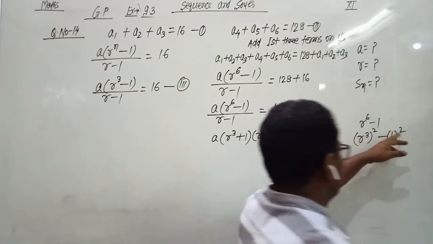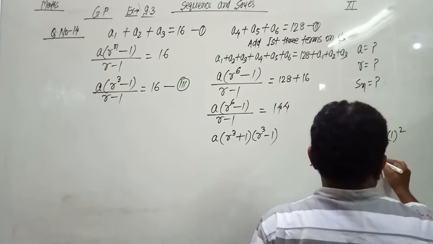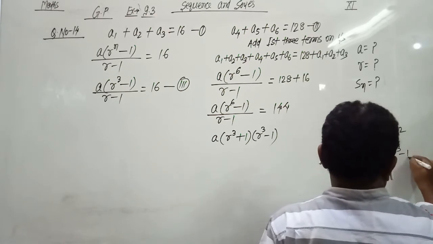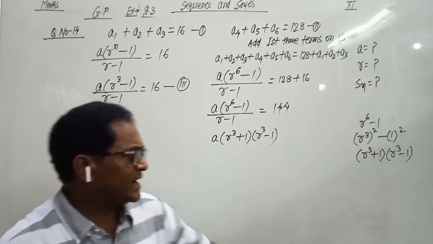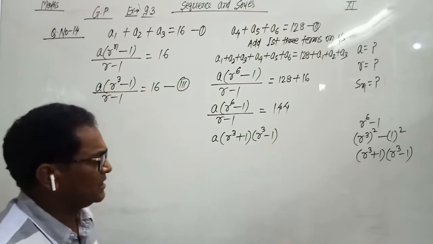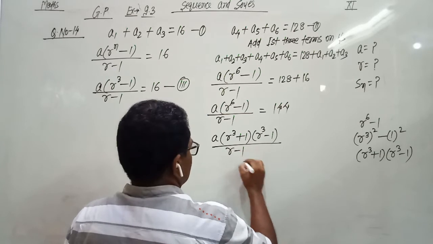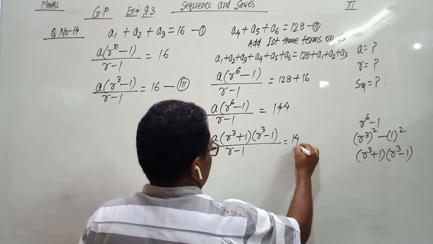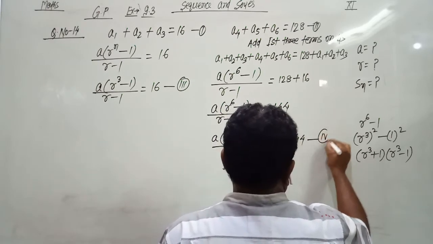Then use the formula A square minus B square, so A plus B and A minus B. So instead of R raised to the power 6 minus 1, we can write R cube plus 1 into R cube minus 1 upon R minus 1 equals 144, and name it the fourth equation.